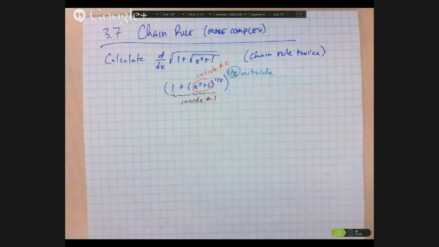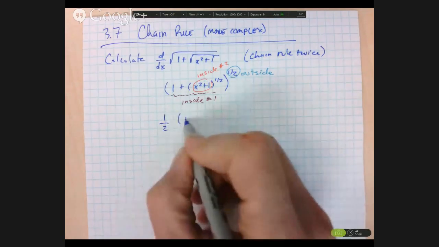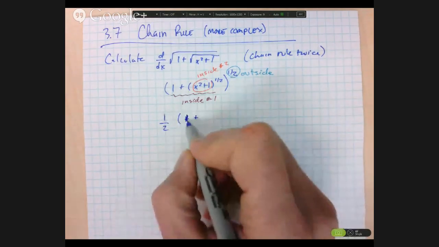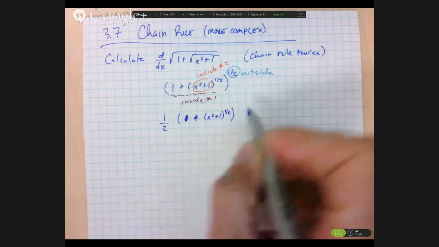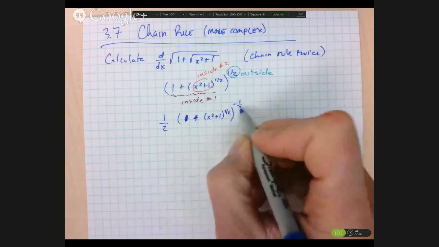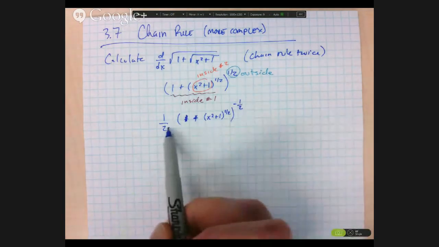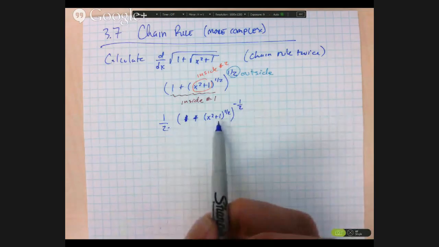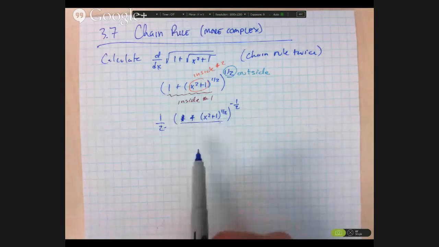Okay, so we got to start with the outside. One plus, copy the inside. Okay, so the derivative of the outside is just the power rule there. Copy the inside. Now the derivative of the inside is another chain rule.